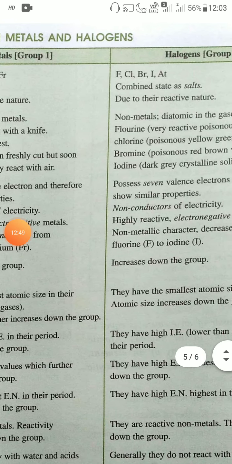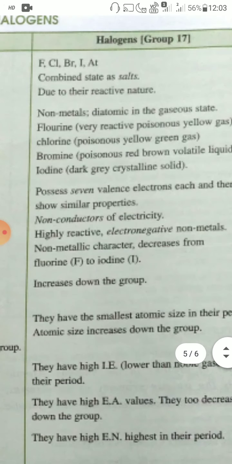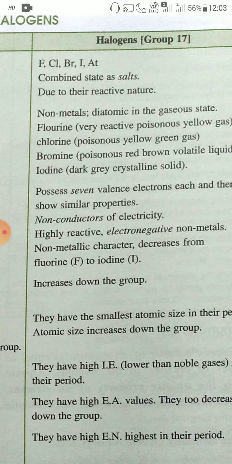Now physical state of halogens. Halogens are non-metals. Diatomic, that is F2, Cl2, Br2, in gaseous state. Among them fluorine is a very reactive poisonous yellow gas.